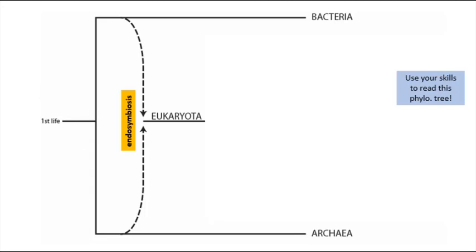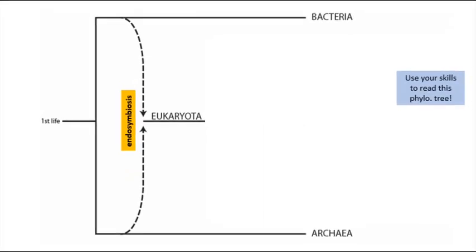But about 2.5 billion years ago, they combined and evolved into a small population of eukaryotic cells. This event was an example of endosymbiosis. Endo means inside, as in inside the cell, and symbiosis, of course, means working together.